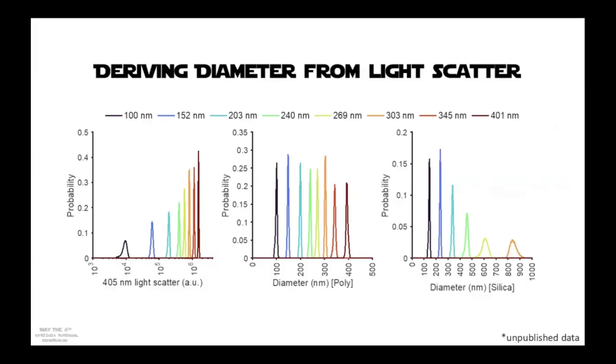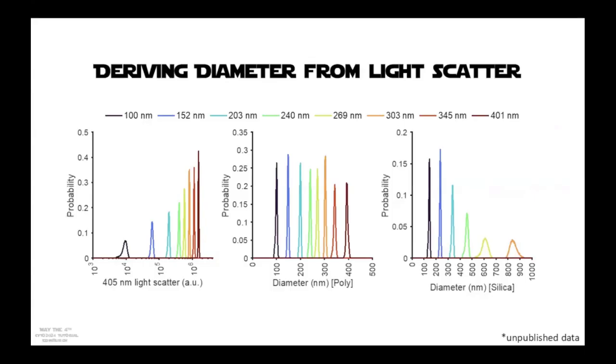Historically, we see a lot of publications that utilize these sizing beads to determine a gate which they will then utilize on their EV data. Now, there's a problem to that because, as Josh was mentioning, as a result of the differences in collection angles, these beads and also the materials that the beads are made of will look very different from your EVs.